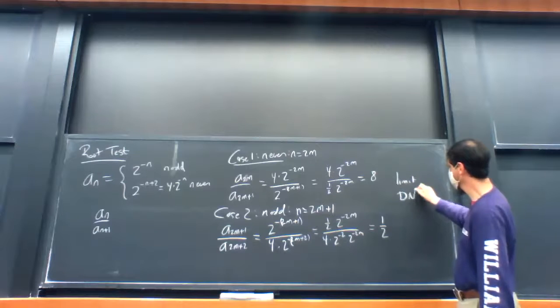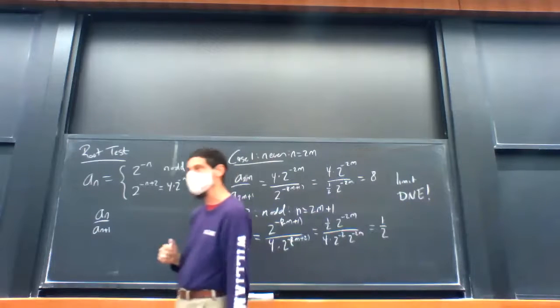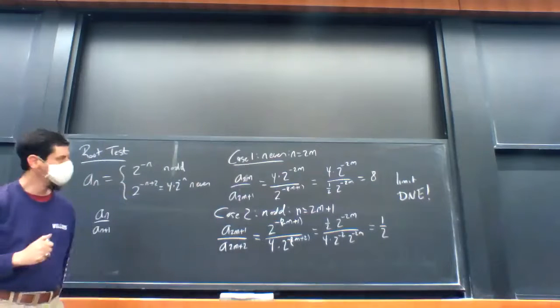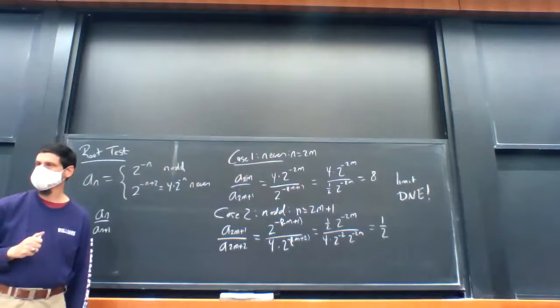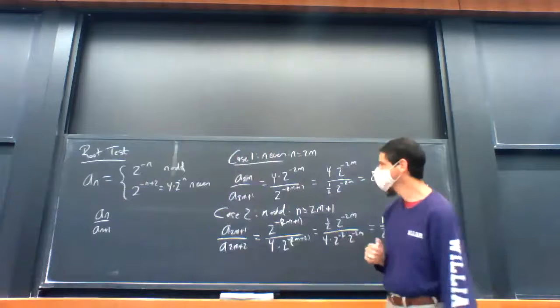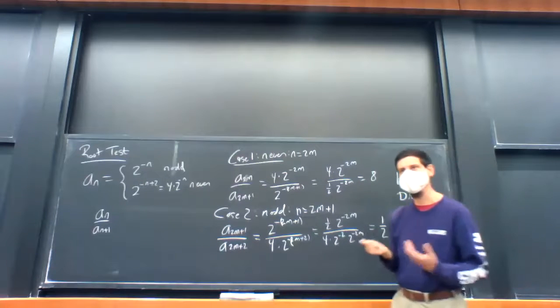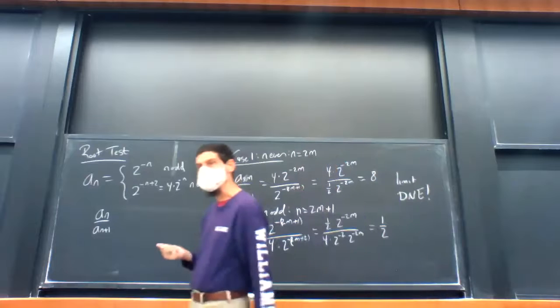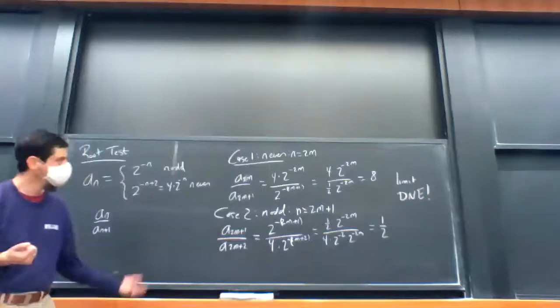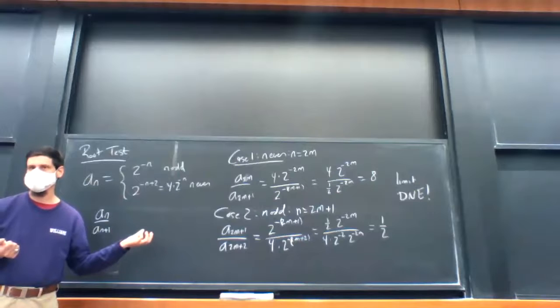Limit does not exist. Because the limit does not exist, we cannot use the ratio test. Now, when you look at this, it's either a great example or a stupid example, depending on how you feel. I think it's a nice example in that it gives a situation where the limit doesn't exist, so we can't use the ratio test.